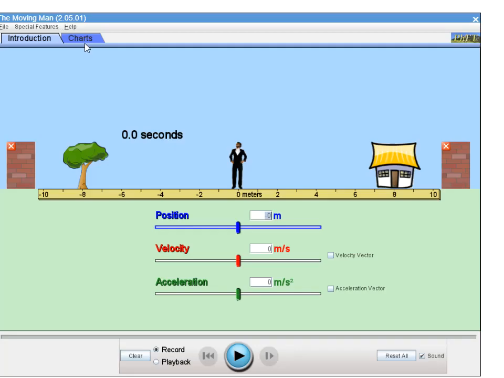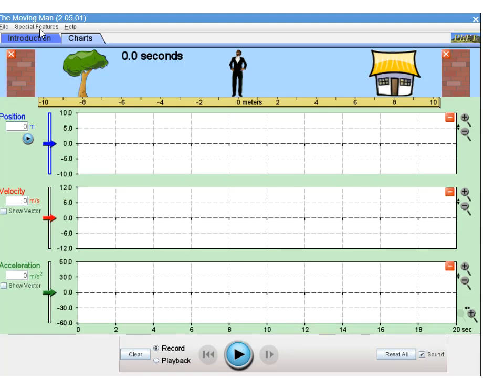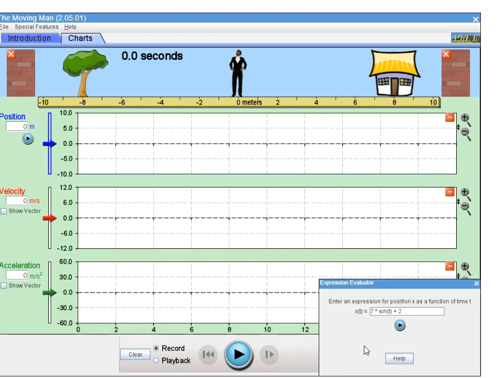So I had to restart it again. Then I'll go over to charts, go over to special features. This time I'm going to try it a little bit differently. Delete all that out. -10 times t plus 20 times t minus 10, because I want it to start out over here on the left.